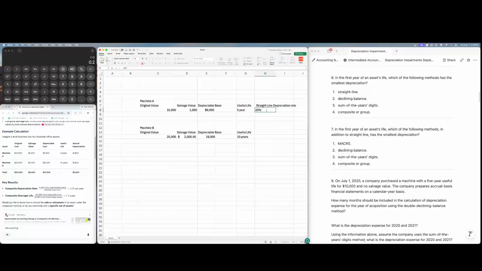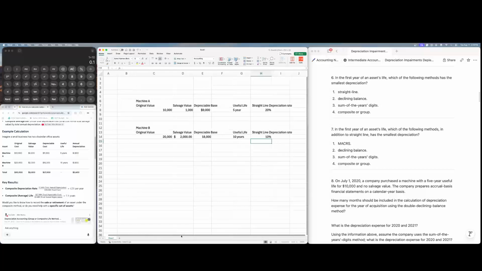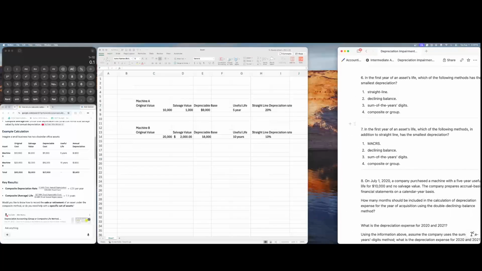20%, 10 years, 10%. So you have a straight line depreciation rate. So what that means is now we can calculate the annual depreciation.